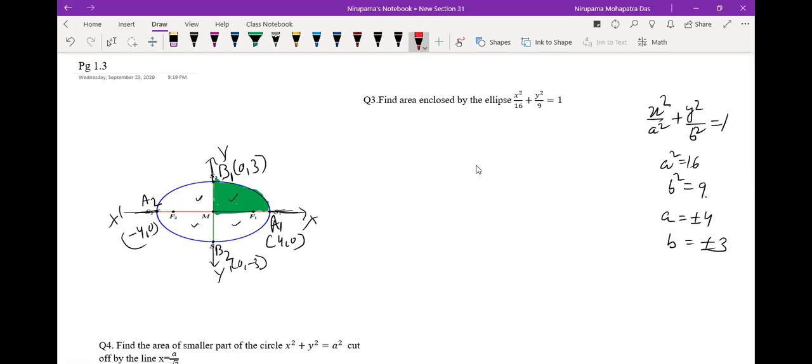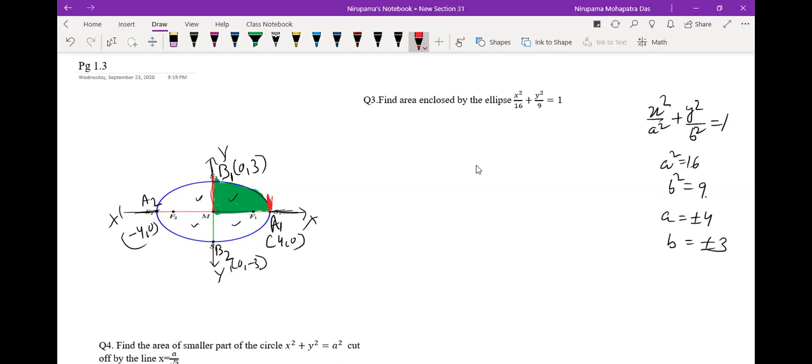The third step is getting the limits. The limit is also fixed because one end is here and one end is along the y-axis. It means x equal to 0 to x equal to 4. So with the limits of integration, we can get the area of this portion, then multiply by 4 to get the whole area.